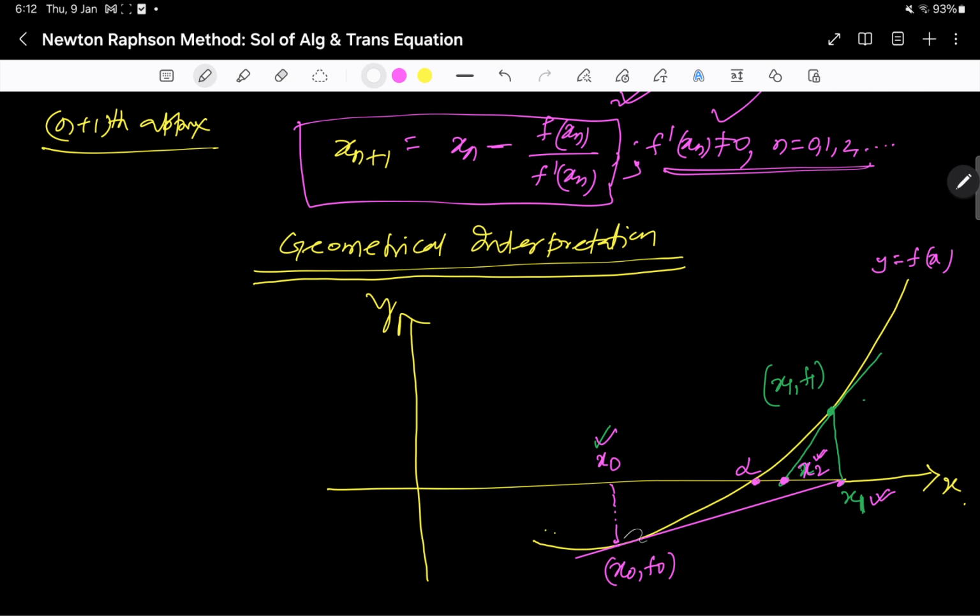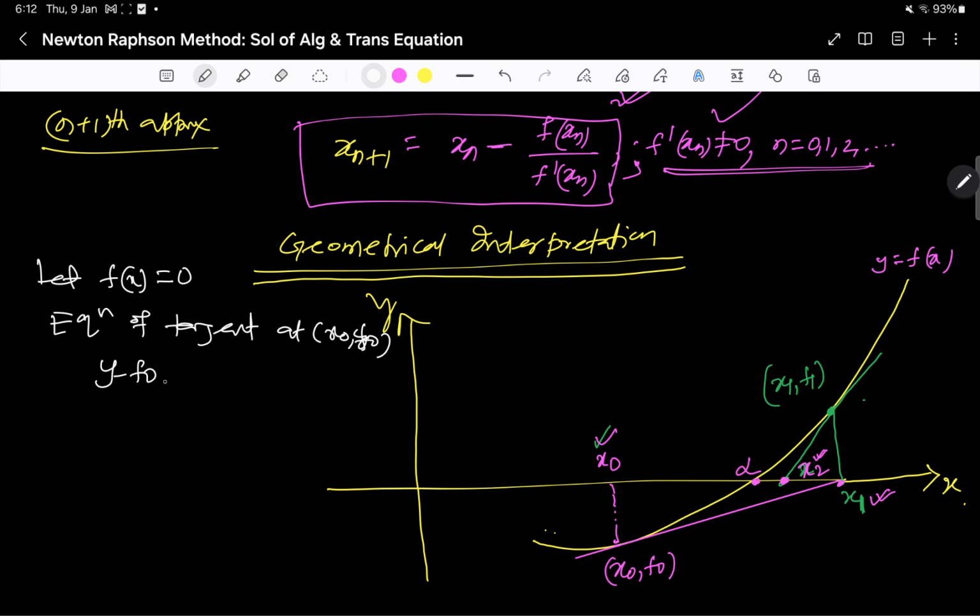So the equation of the tangent at (x0, f0), let f(x) equal to 0 be the given curve, right? Equation of tangent at (x0, y0), f0 is: y minus f0 is f dash x0 into x minus x0, right? But this point is my p, (x1, 0), is it not?